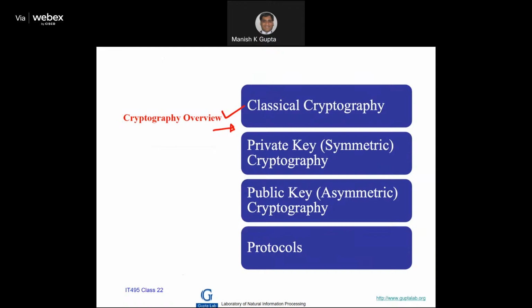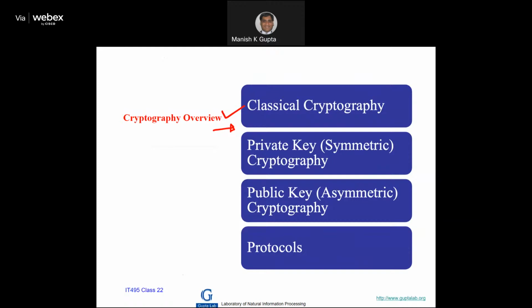All these block ciphers, for example DES, you might remember. DES, AES, these are all block ciphers, okay? So they are basically private key cryptography. Then we also have public key cryptography, like RSA, which is one such example, or the ElGamal crypto system, which is also a public key crypto system. And then of course the protocols, how you implement and do all the business, right? So these are the four basic areas.